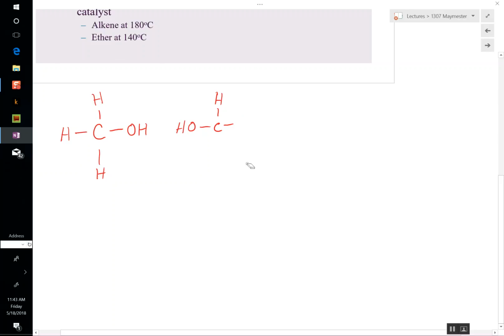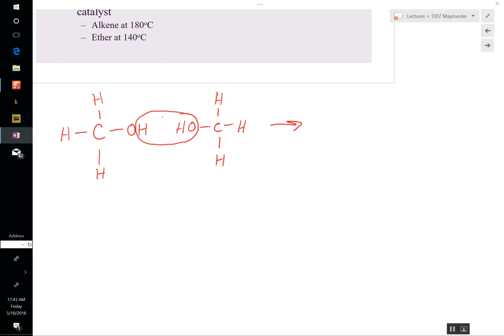There's two methanol molecules. But you can see there's water right there. We're getting the OH from one molecule, we're getting the H from another molecule. This is the dehydration intermolecularly, from between two molecules.